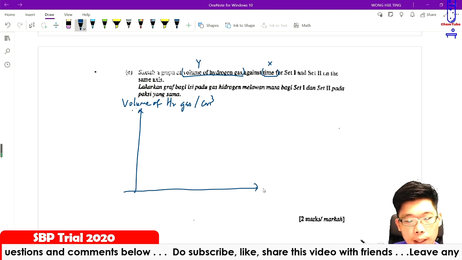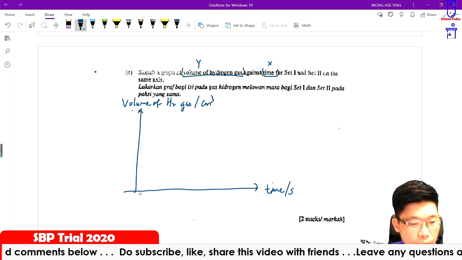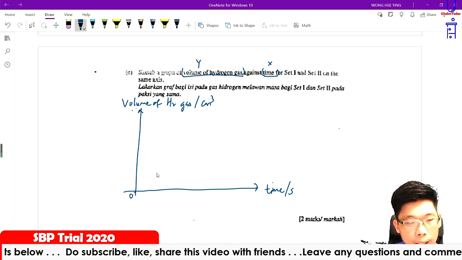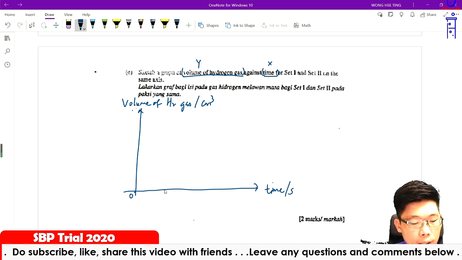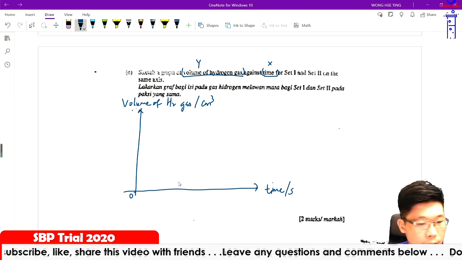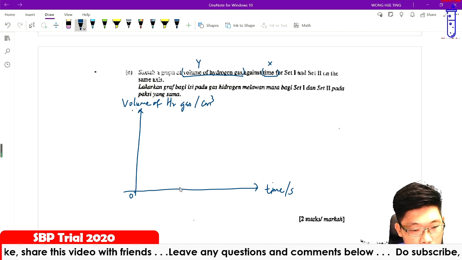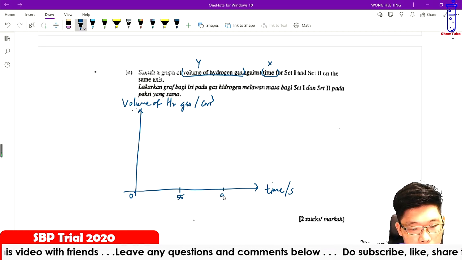Time is in seconds. From here we can draft the graph. Roughly we have 2 times, right? One is 55, another one is 90. So we put 55 and 90 here.